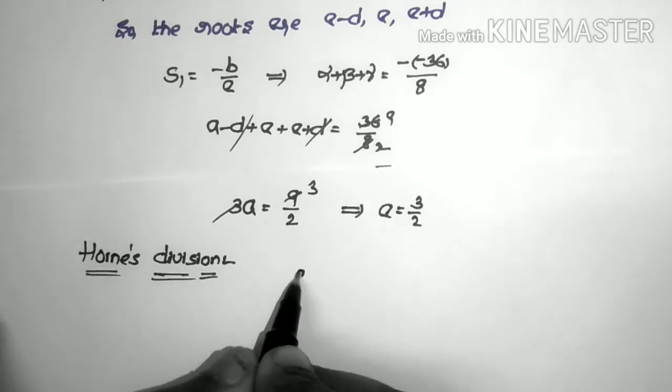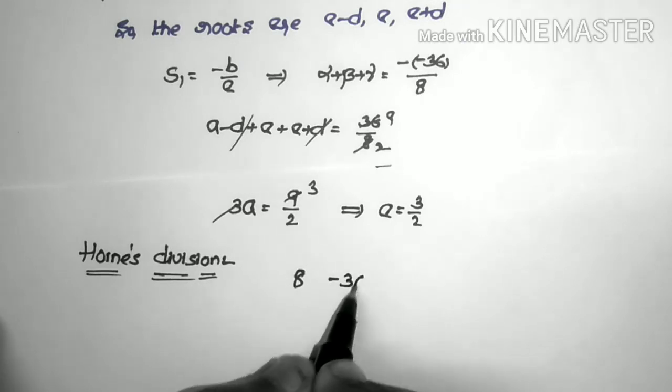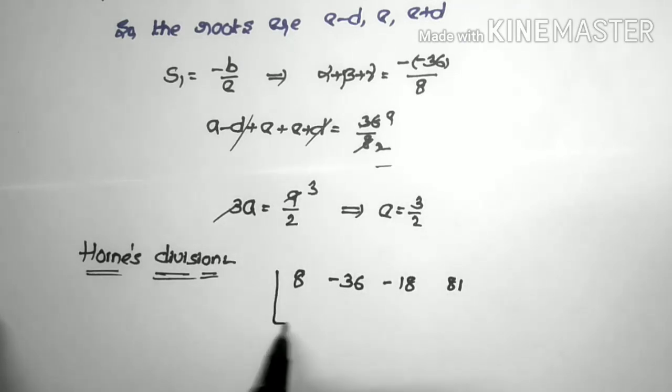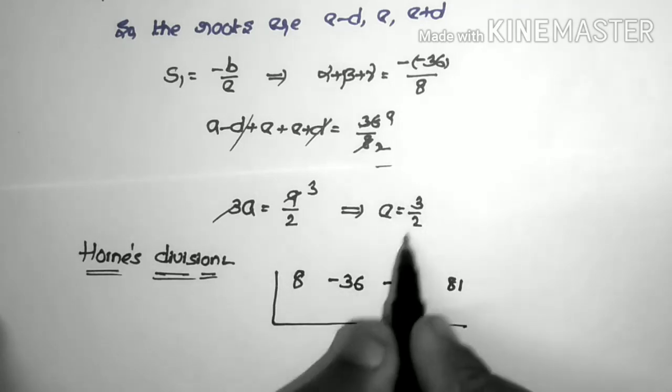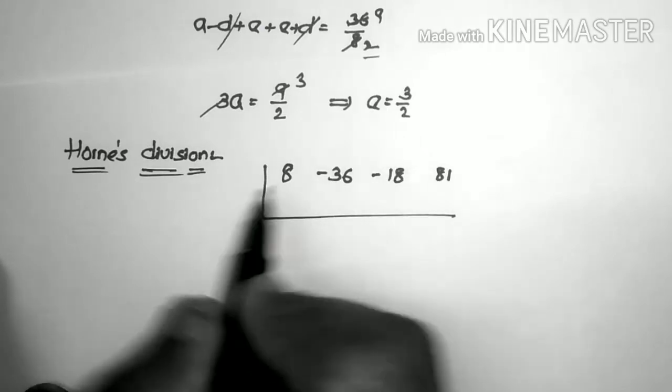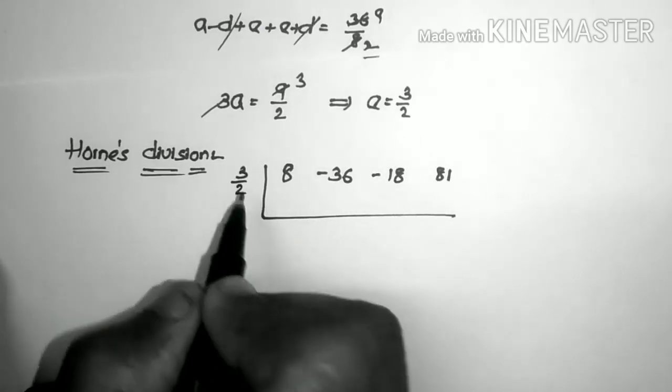Since 3 by 2 is a root, we take the Horner division with this number.